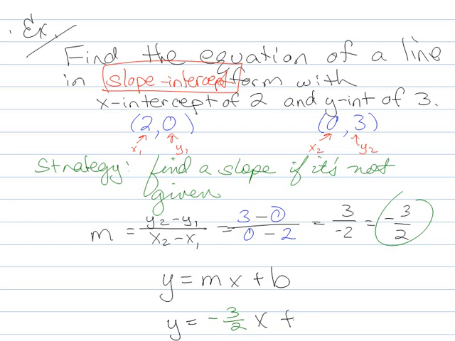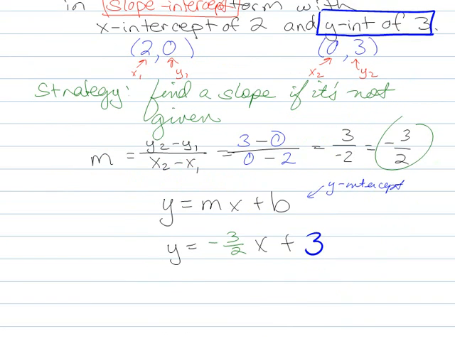Remember, b is the y-intercept. So in this case, we want to use 3. Again, this is mainly to emphasize that we're not going to use 2, because that's the x-intercept. We want explicitly to use the y-intercept in order to get our solution.